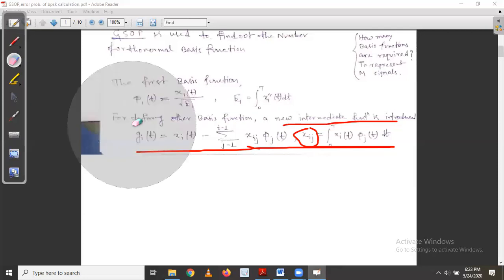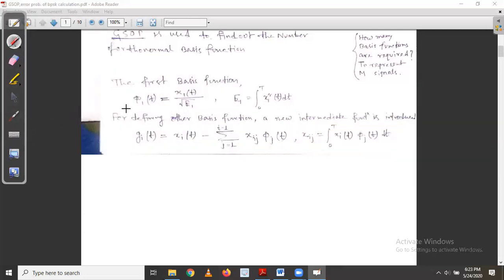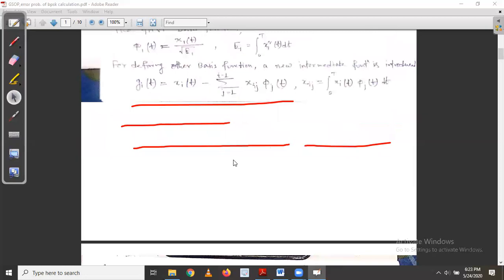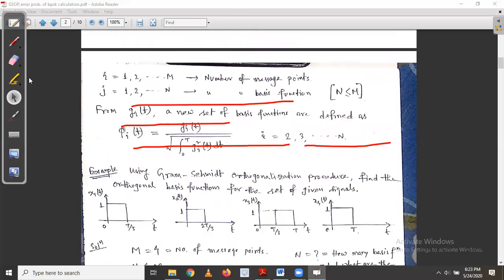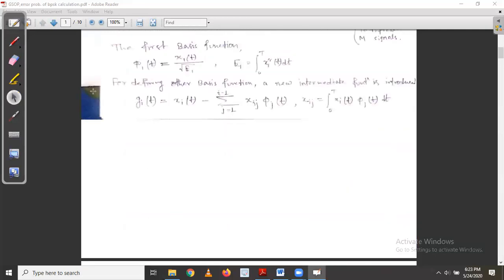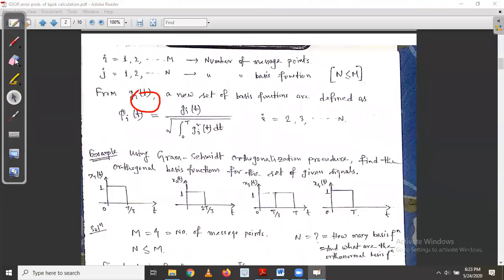So for the first basis function, this is the formula. But for the other basis functions, there are some steps. The first step is to calculate this one. The next step is to calculate this one. Then from g_i, just now we got the value of g_i here. You put g_i here.